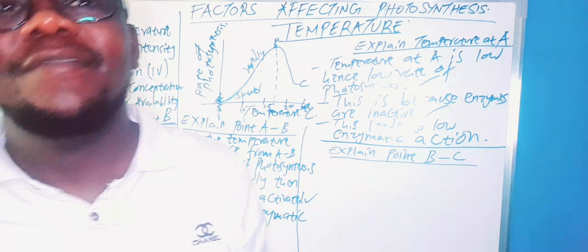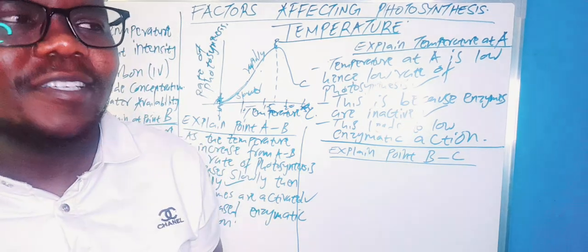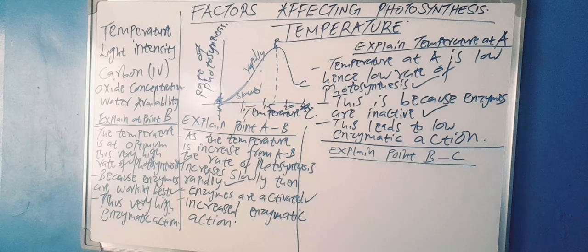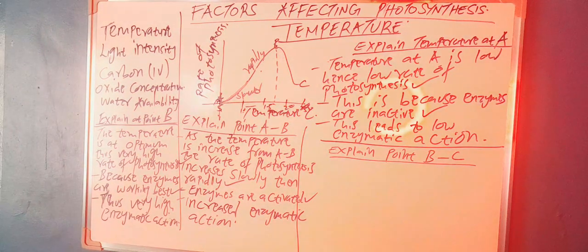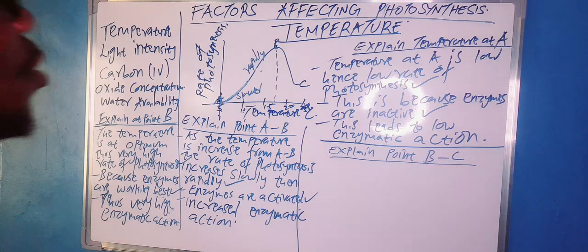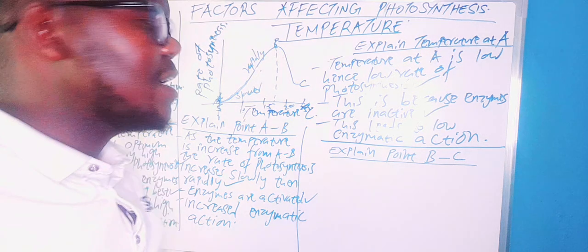There will never be very high temperatures. Temperatures vary. Optimum temperature will be different when it comes to various organisms. When it comes to various organisms, temperature will be very, very different. So we are explaining from point B to C.